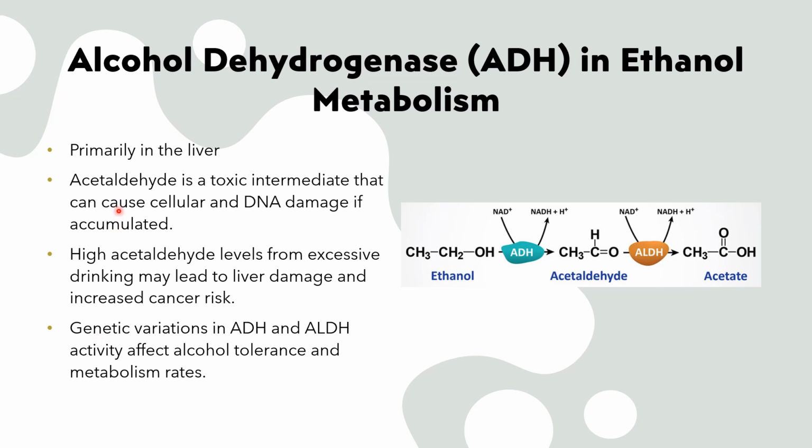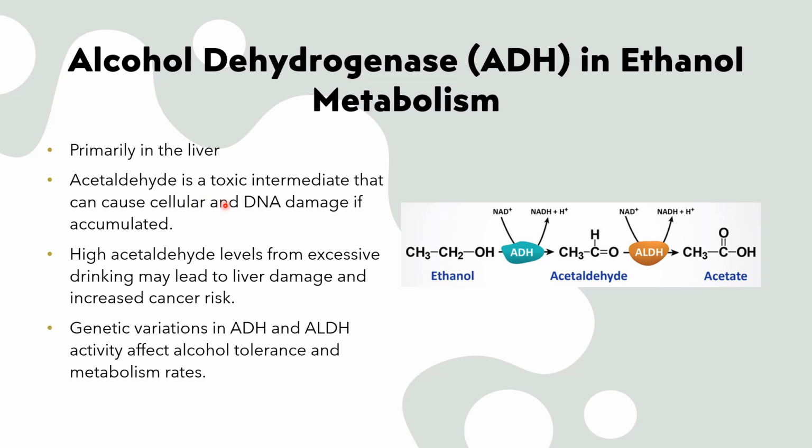As we said, alcohol dehydrogenase is predominantly found in the liver, and it converts ethanol back to acetaldehyde. Now, acetaldehyde is toxic, is a free radical, and it can cause damage to DNA and also the cells. In this case, it will be causing damage to the hepatocytes, the liver cells.